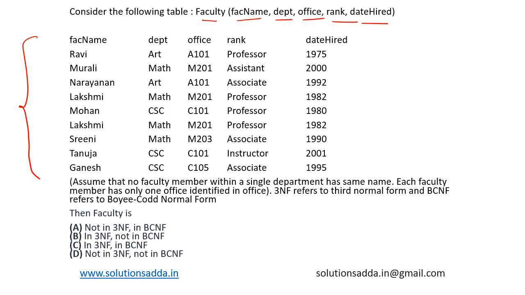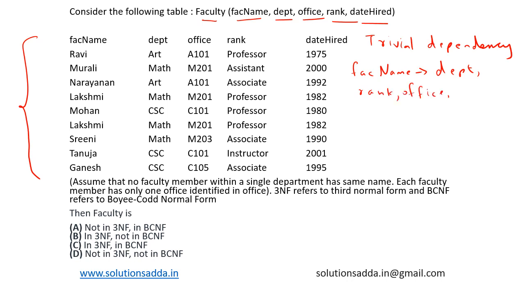So from this, the non-trivial dependencies that are identified are: faculty name implies department, rank, office, date hired.